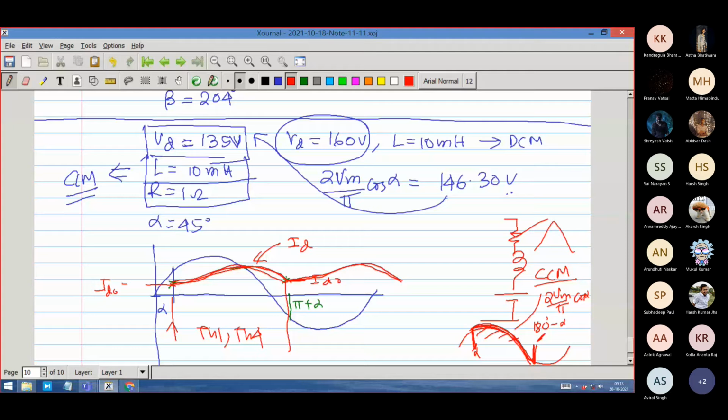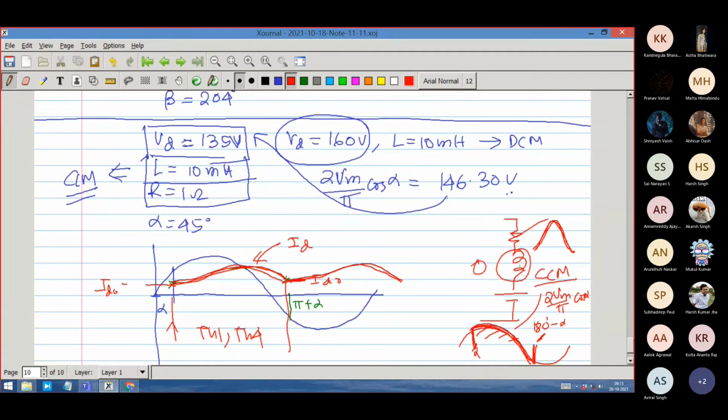If the inductor is large, then whether it is in CCM or DCM, the average voltage drop across it is 0, so the average current is not hampered. It will be the same in CCM or DCM. However, the inductor average current is the same, but if it is in DCM, the current will come down to 0 because there is no inductor holding the current.